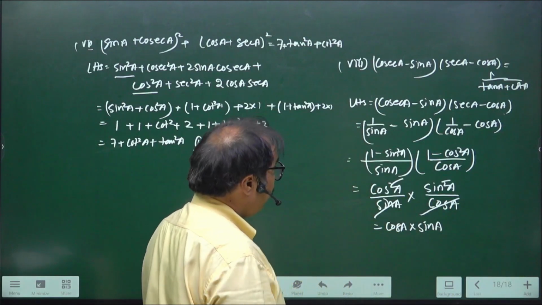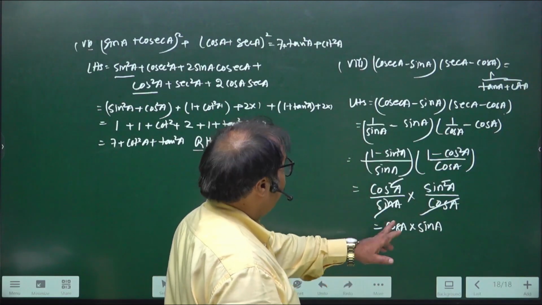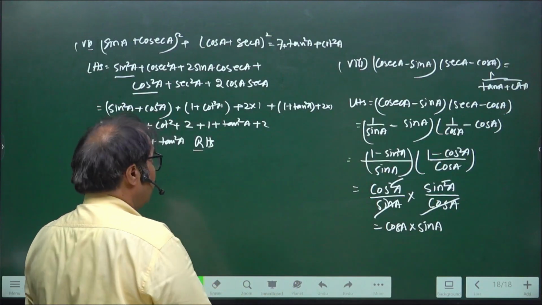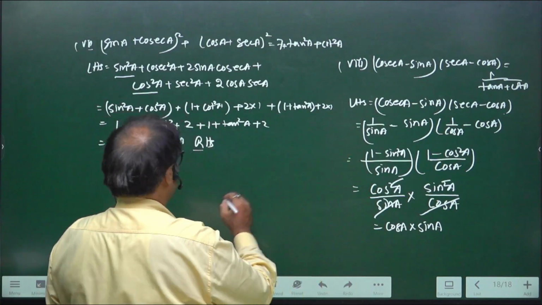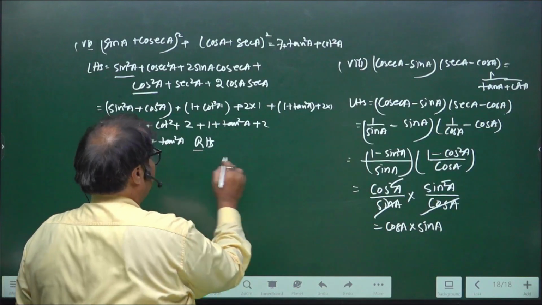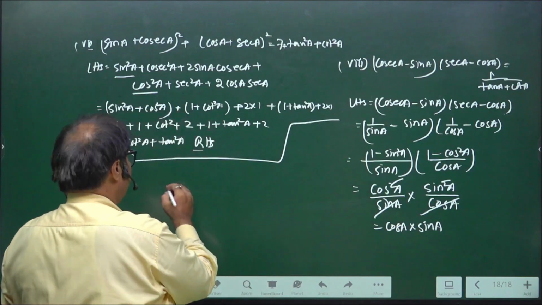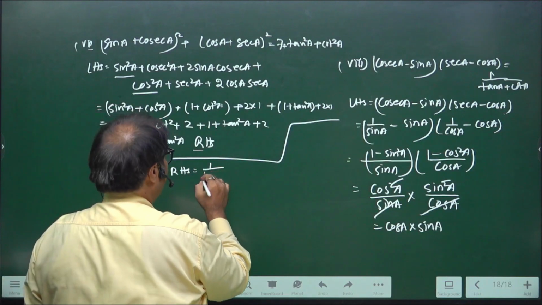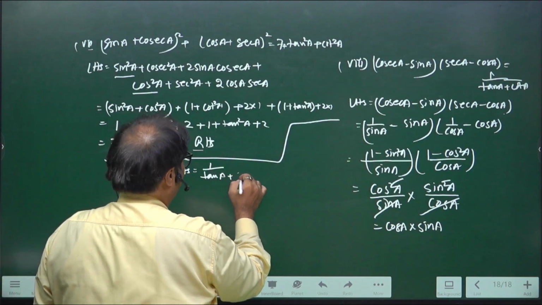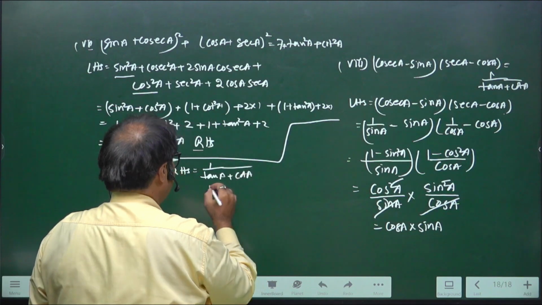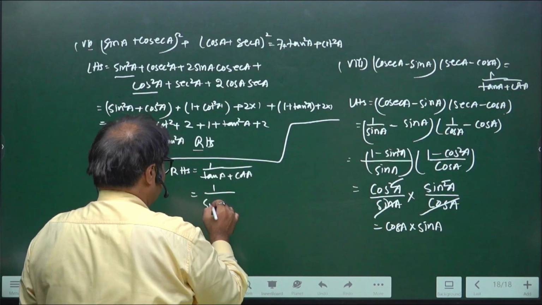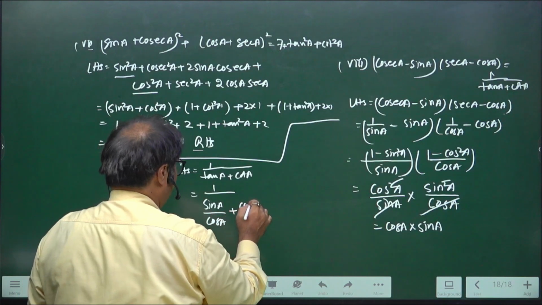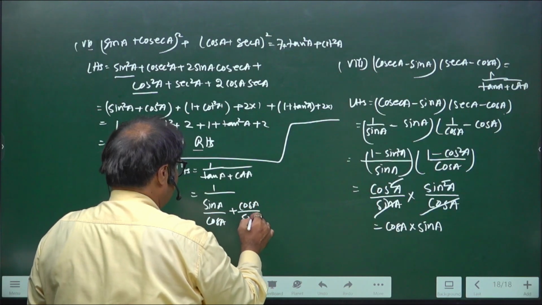Okay. So now from here we are unable to reach the right hand side. So now take the right hand side also. The right hand side RHS is equal to 1 upon (tan A plus cot A). So this can be written as 1 upon (sin A by cos A plus cos A upon sin A).